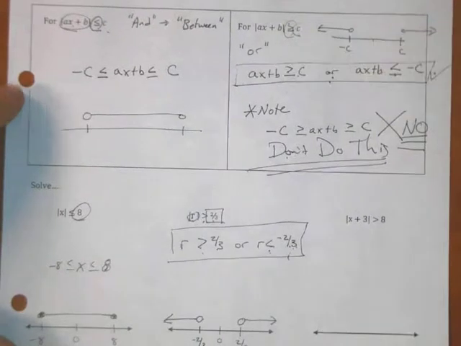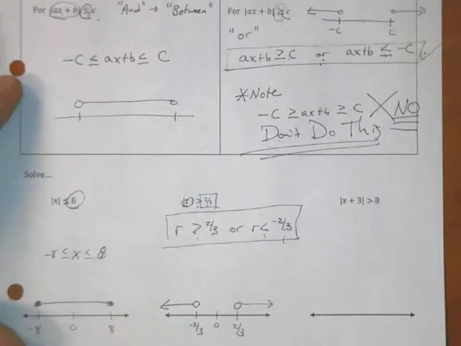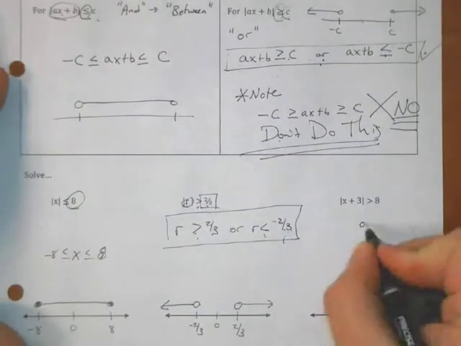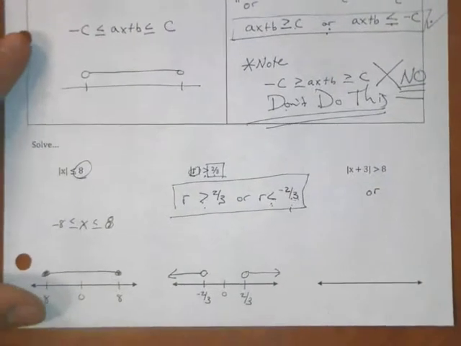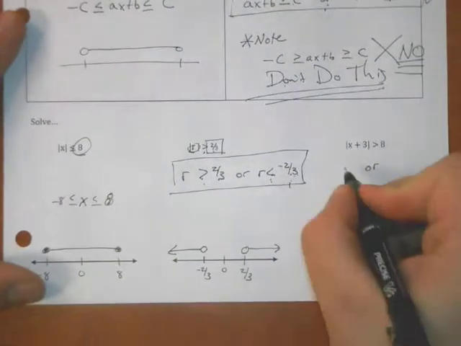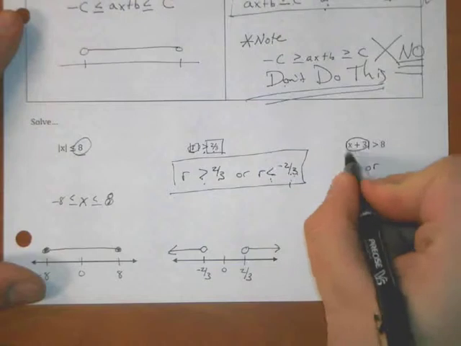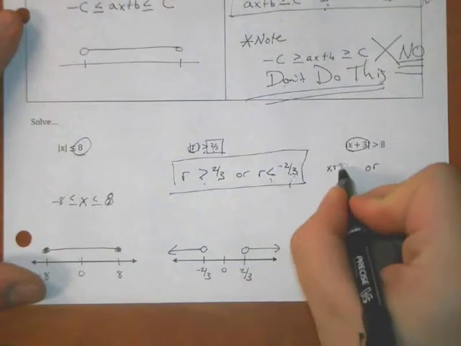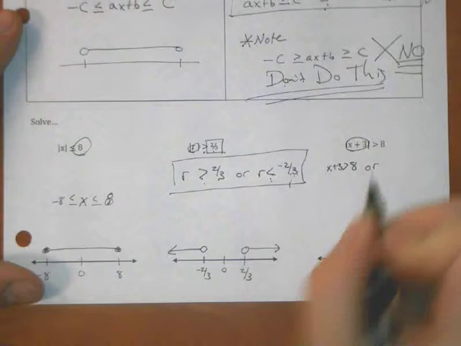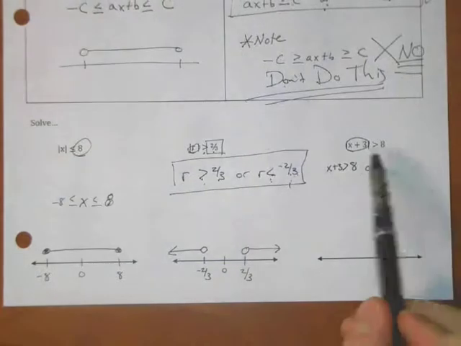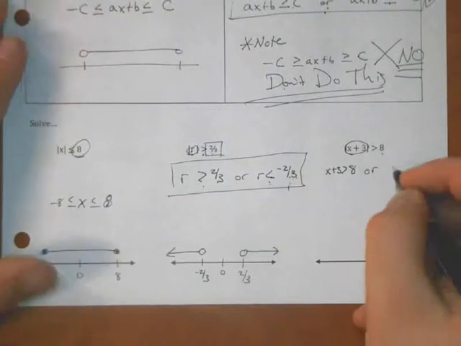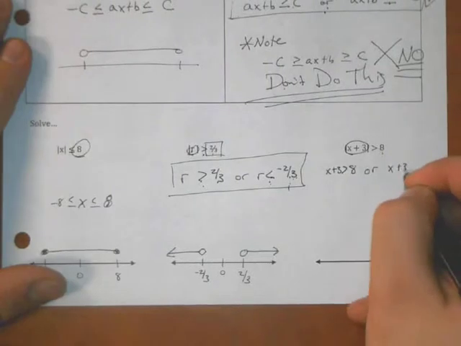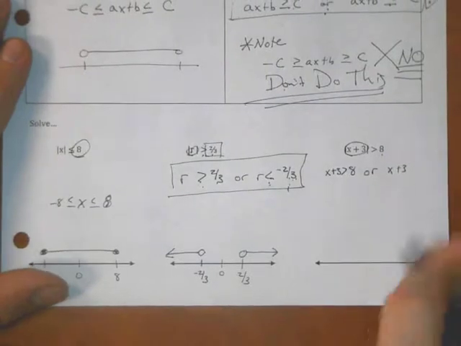Okay, so what does that tell us to do then? Now it's an or. We have two inequalities. What are the two inequalities I'm going to write? What's inside is bigger than this positive number, or what's inside is going to be what?